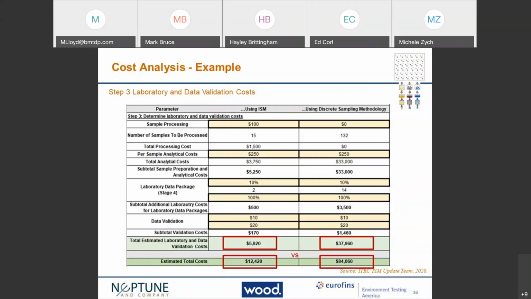We tend to see as you do these analyses, if you're looking at a very small number of samples, it may not be cost efficient to use ISM. Definitely as the sites get larger, you're going to see a more significant difference. So please don't let cost be an issue here, because you really need to run through and look at what those costs are actually going to be before you make that decision.